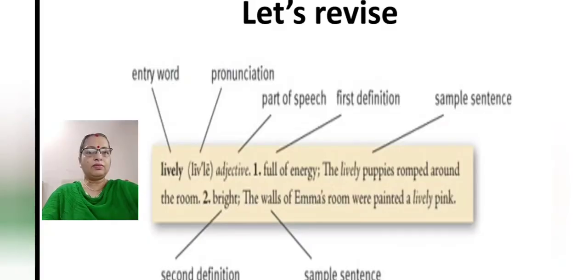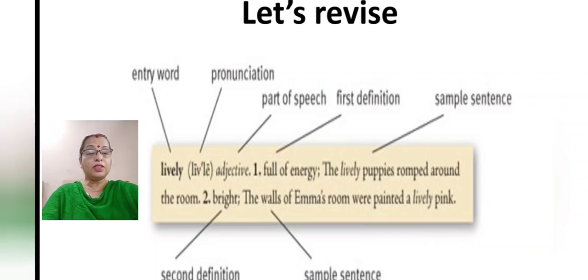Let's revise, children. We have another word for you. Lively. So lively is the entry word, the head word. Then next to the word, we have the pronunciation. So here, lively: you can see L-I-V, and after that there is a stress symbol.